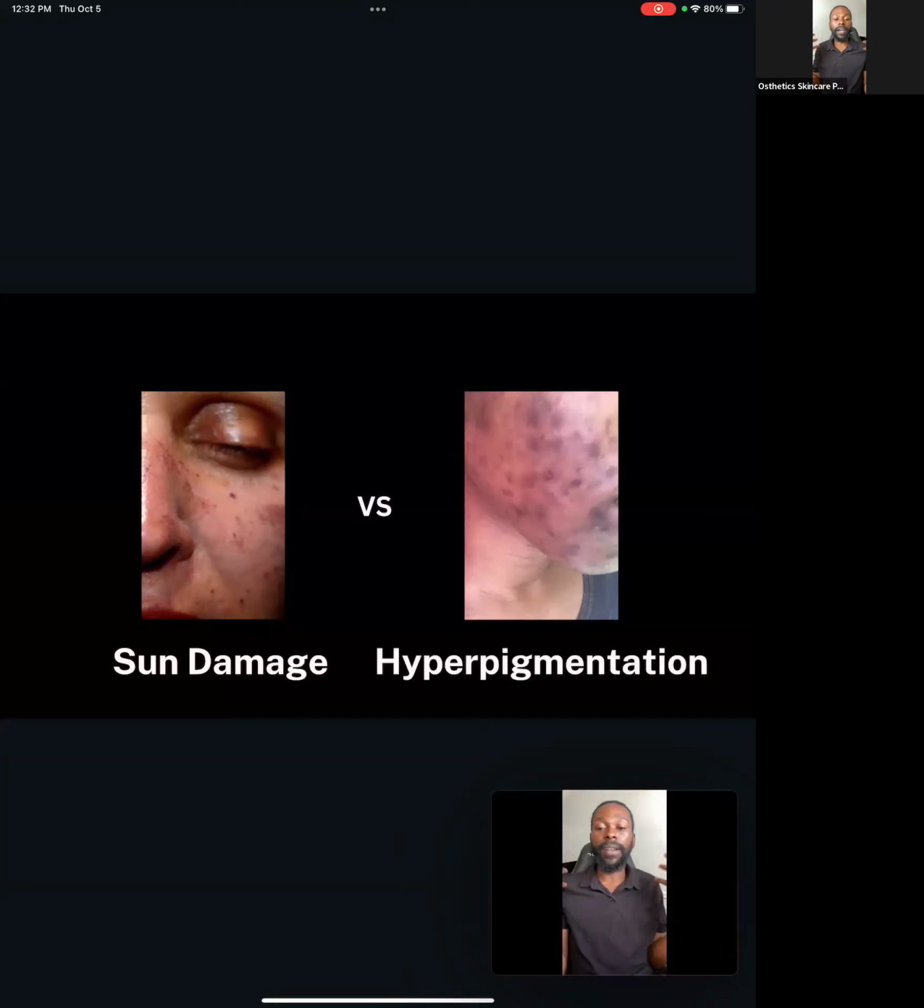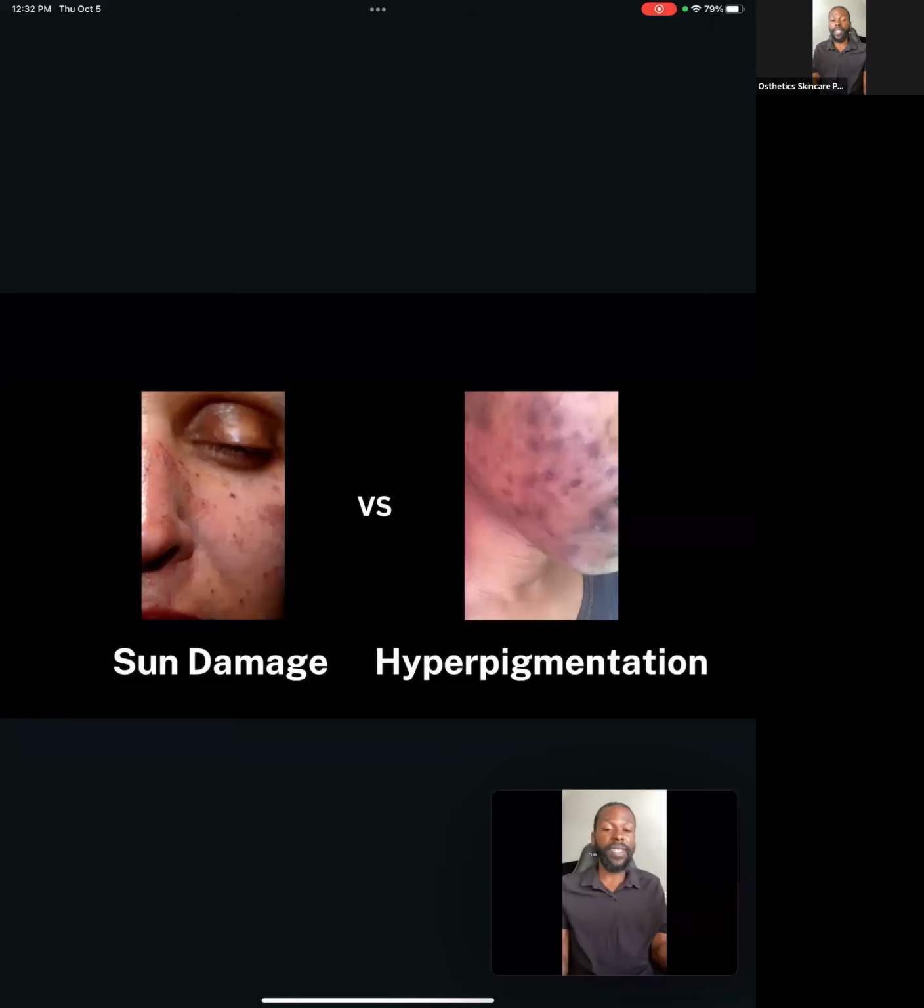Now, let's talk about sun damage versus hyperpigmentation. In the treatment room, a lot of estheticians can make the mistake of misleading their clients without even knowing, because we have been misled altogether about hyperpigmentation and sun damage.